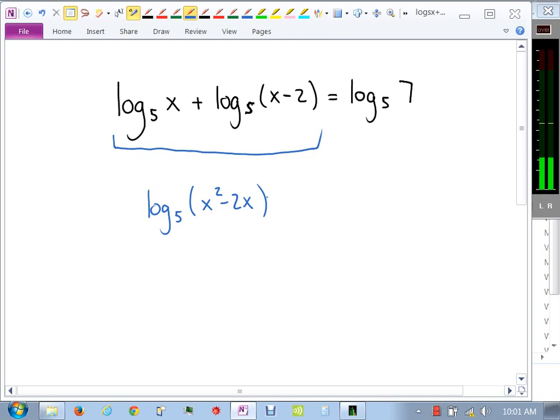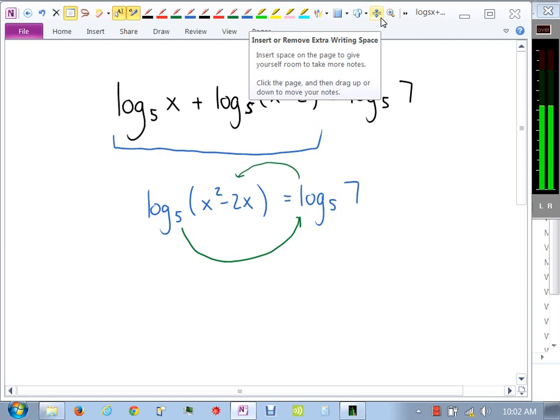x times x minus 2, distribute the x, equals log base 5 7. Now, if you try and do your loop right now, it's going to be weird because you're going to have 5 raised to the log, all that stuff equals this, right? But we also had a property, I believe it was property 7.